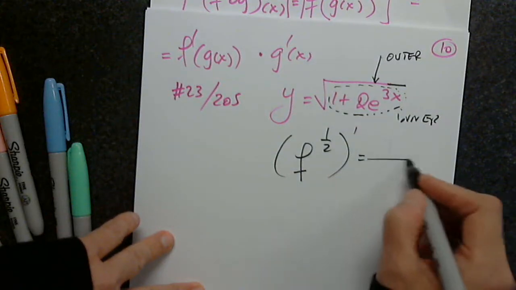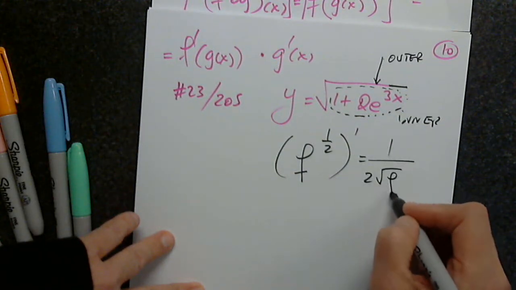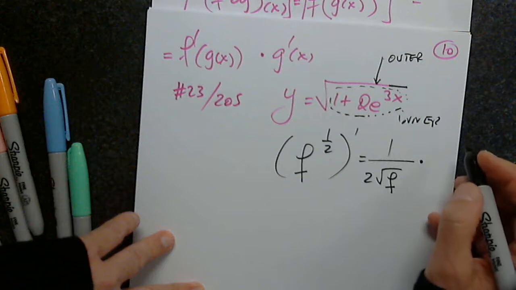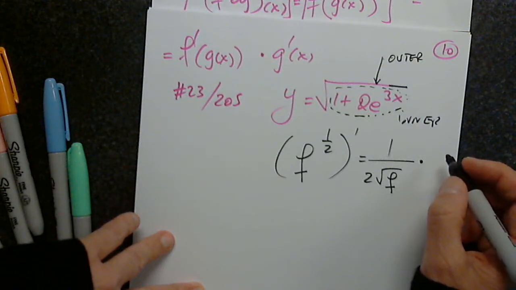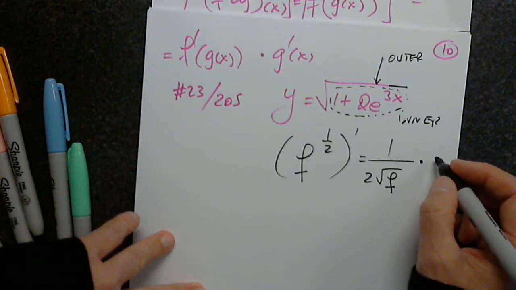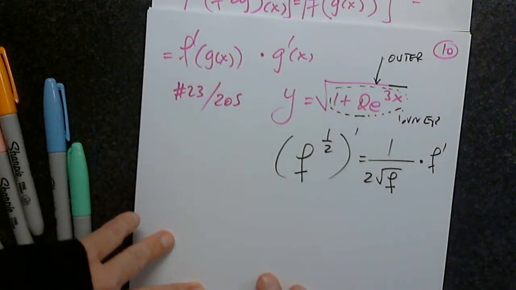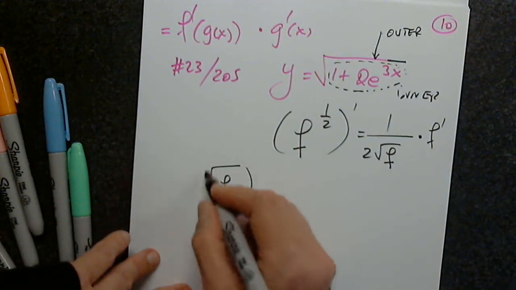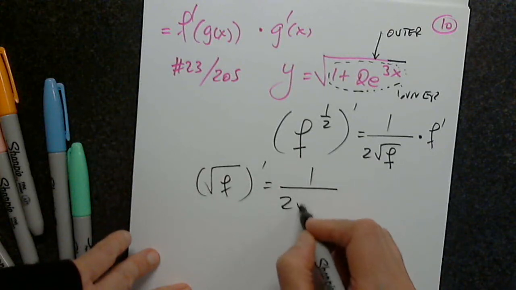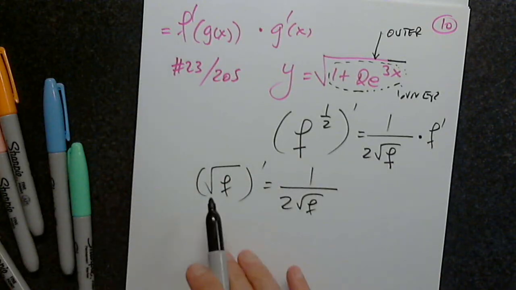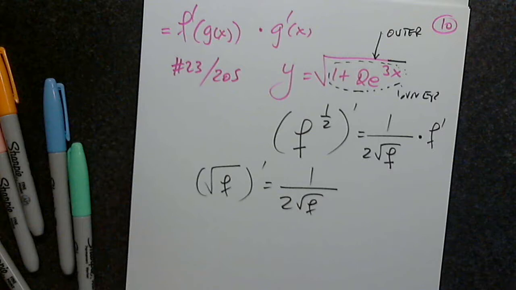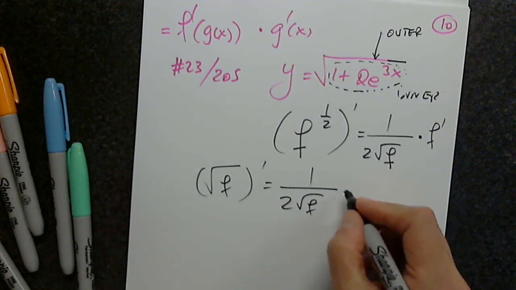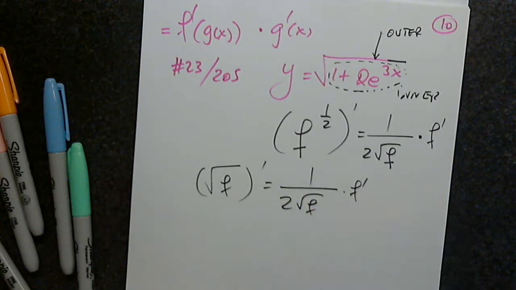Right. So 1 over 2, the square root of the function, multiplied by, that's it. So one more time, the square root of f, prime, is 1 over 2, the square root of f. If f is just plain x, I'll stop. But I can't stop because f is not plain x, so I have f prime.